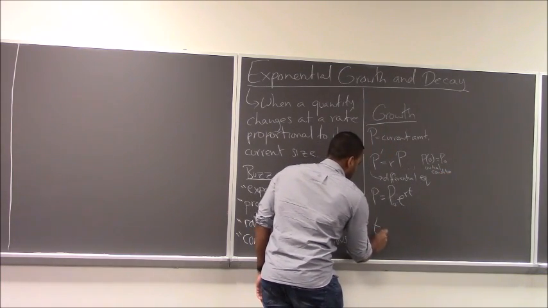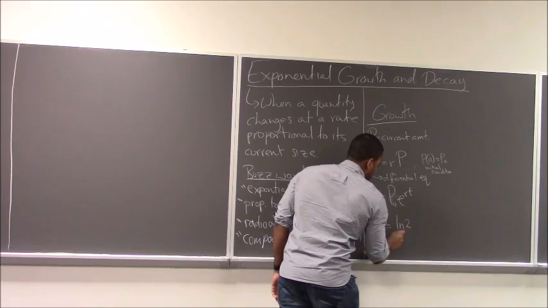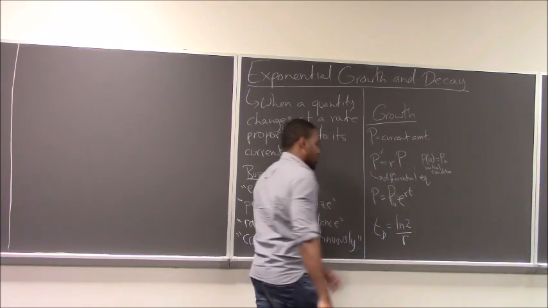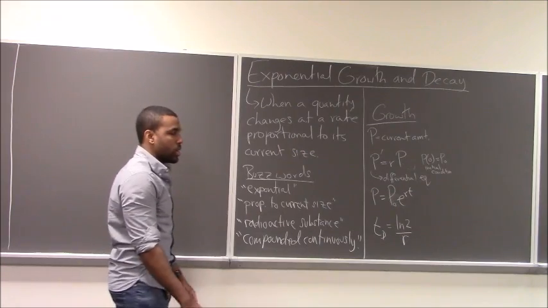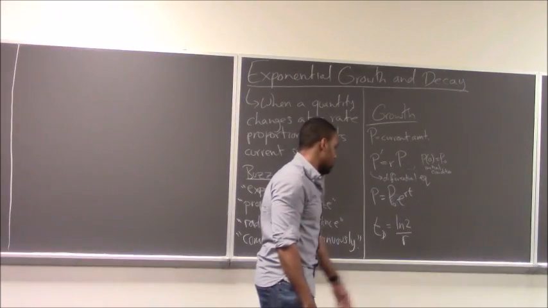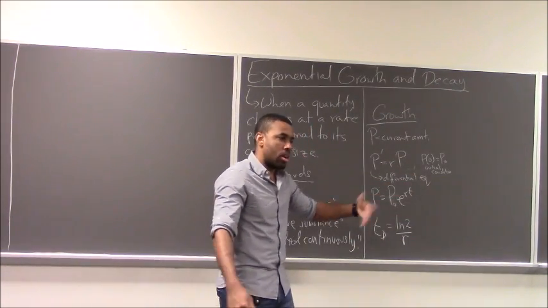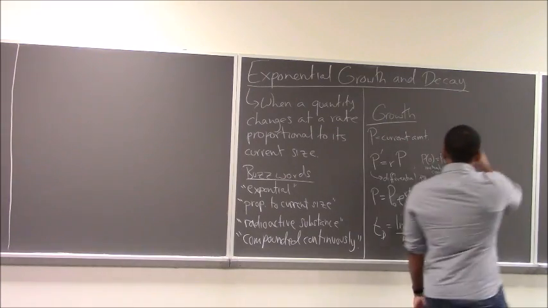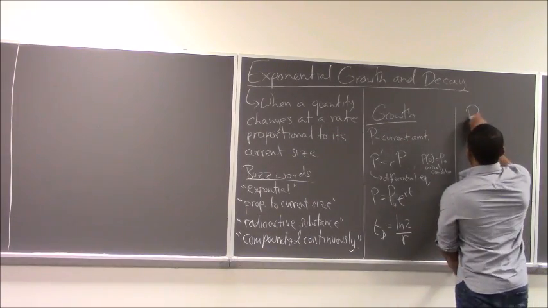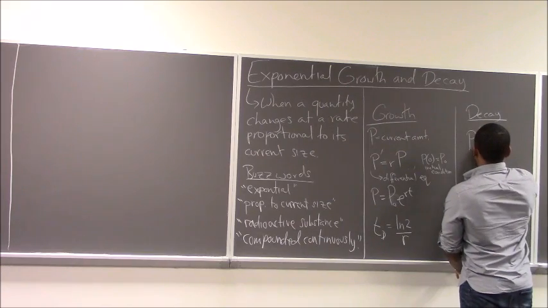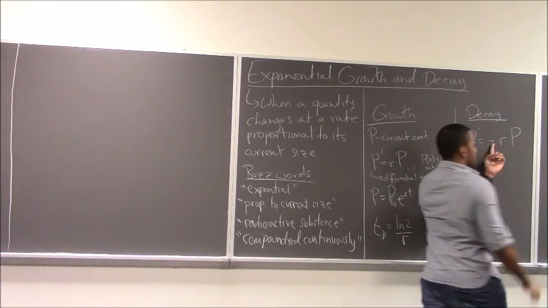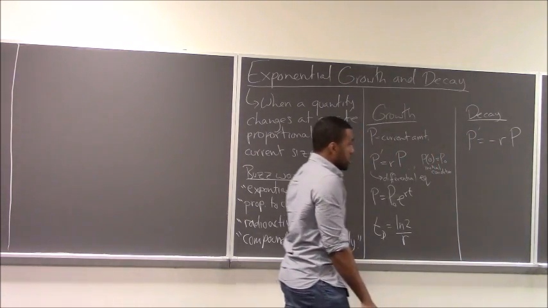There's also a formula for the doubling time. T with a subscript d is the time for the quantity to double in size. The time to triple in size would be ln 3 over r, and so on and so forth. Decay is pretty similar. The difference with decay is that now your rate is negative, meaning it's a decreasing quantity.